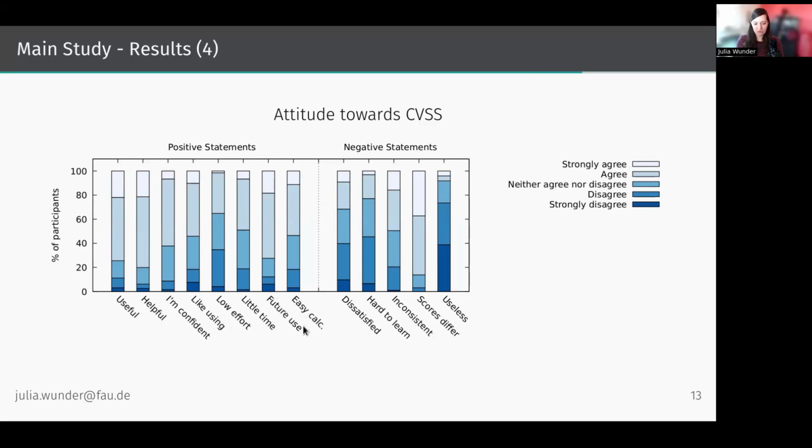They also wanted to use it in the future, so a very positive attitude. And for the negative statements, here the participants agree that there are many inconsistencies in scoring and that the scores often differ. But they also don't think that the scores are useless. So here you can say that CVSS is perceived as a very useful tool, but its flaws are known to the users. So that's it for the results of the main study.